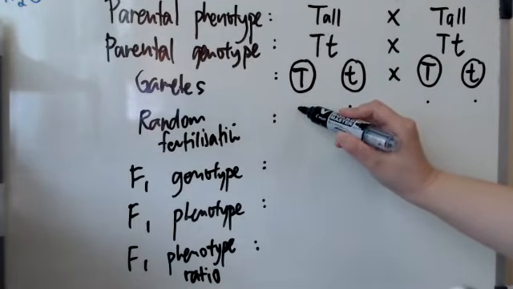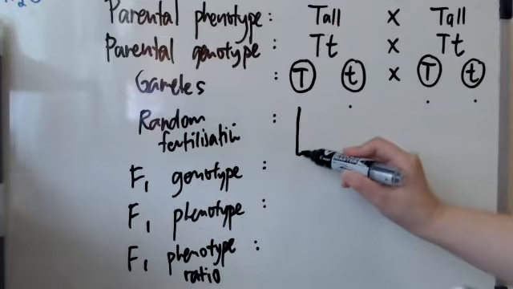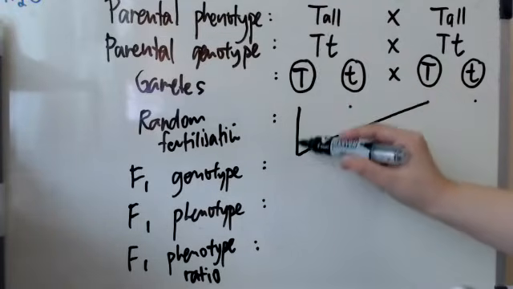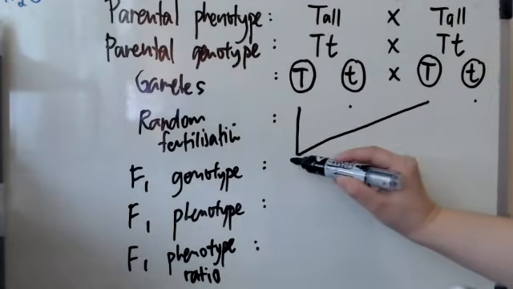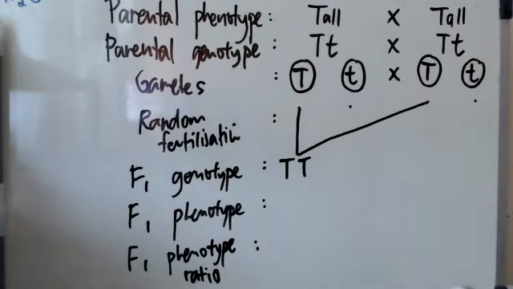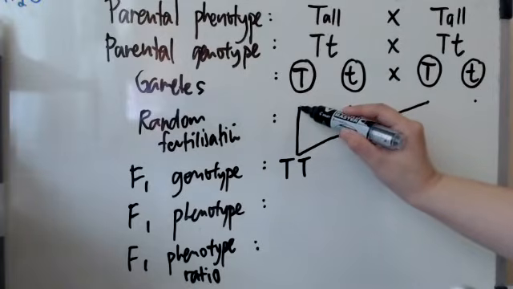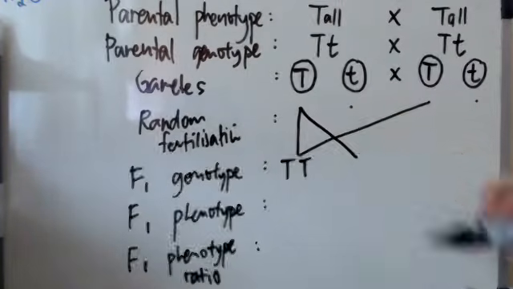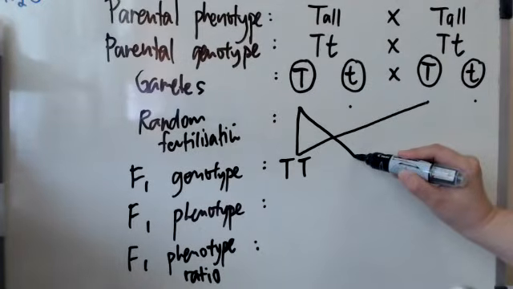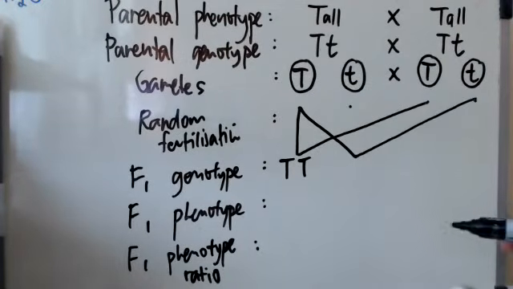The first gamete of first parent, the first gamete of second parent. So in this case, do you notice this is a capital T, this is also a capital T. So you end up with a capital T like that. Then the first gamete of the first parent crosses with the second gamete of the second parent.